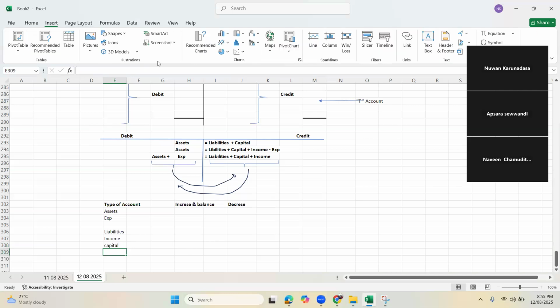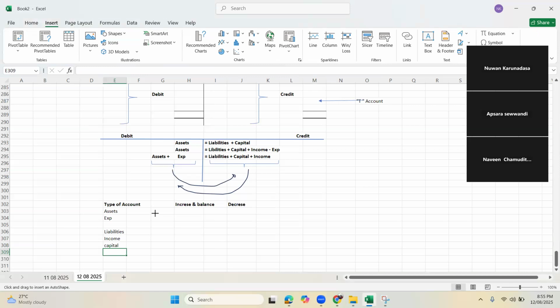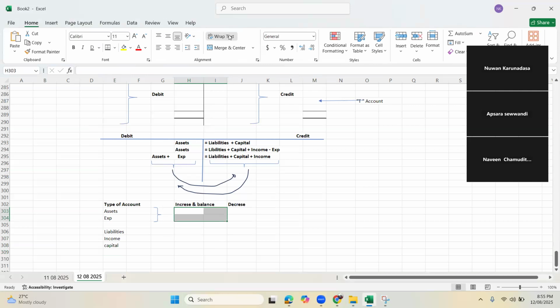Increase in assets and expense, what do we do? We do debit. Then decrease, we do credit.